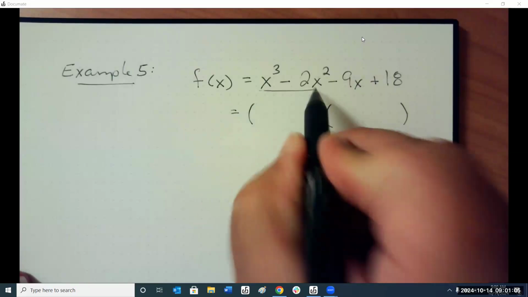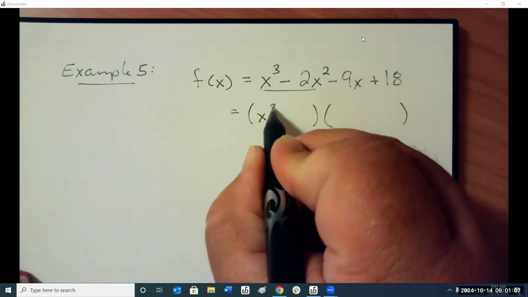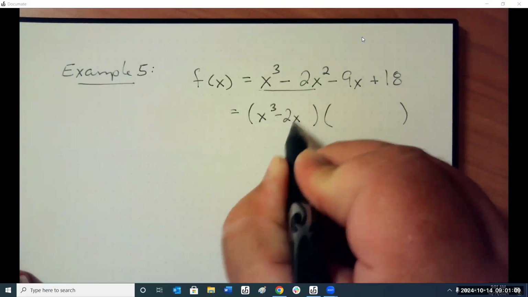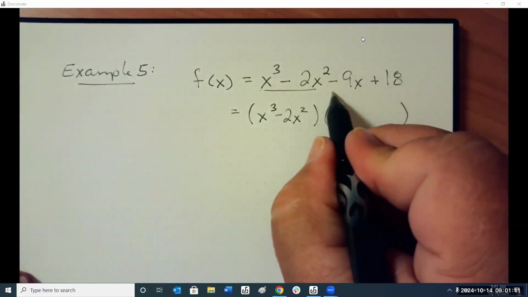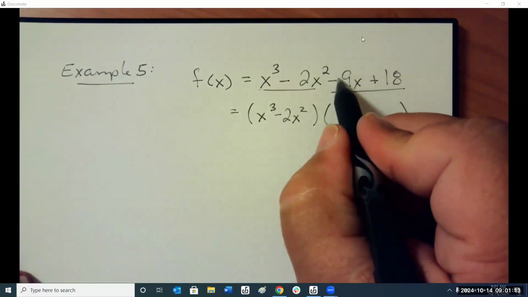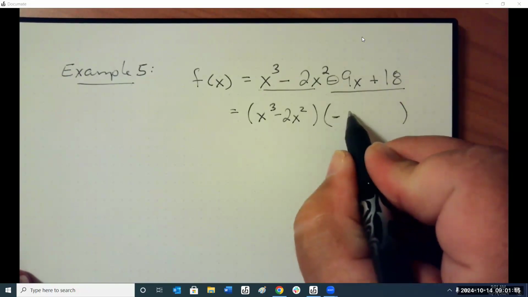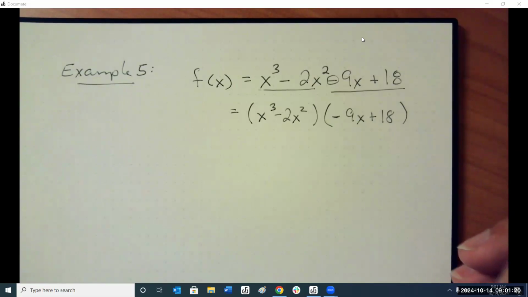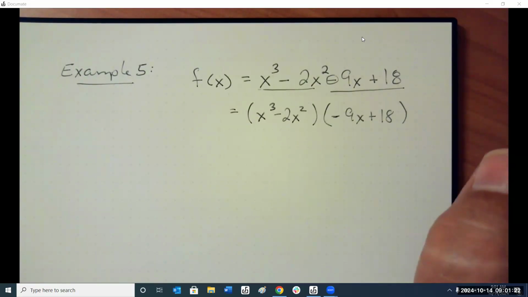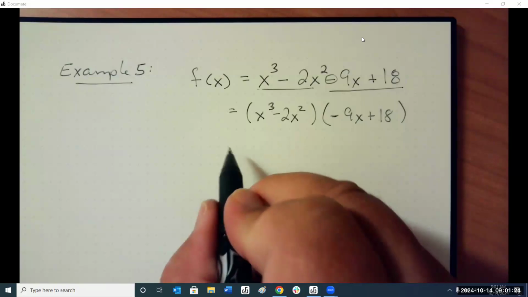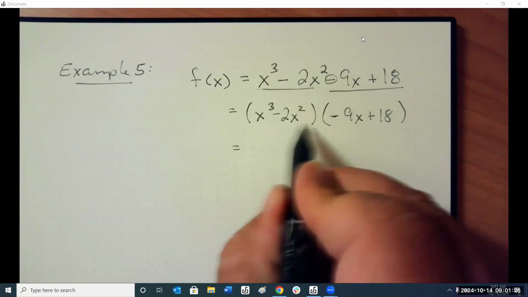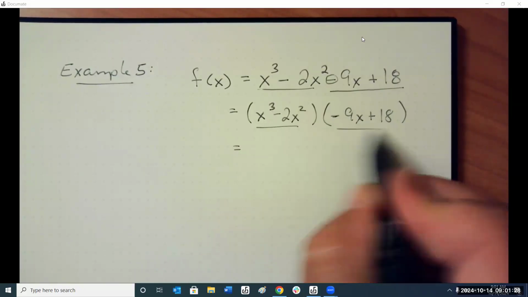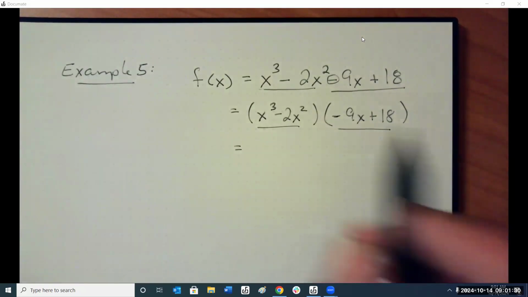I take the first 2 terms, put them in the first parenthesis, and the second 2 terms, if it's got a negative, it's got to be inside there also. Now factor both of these terms individually.